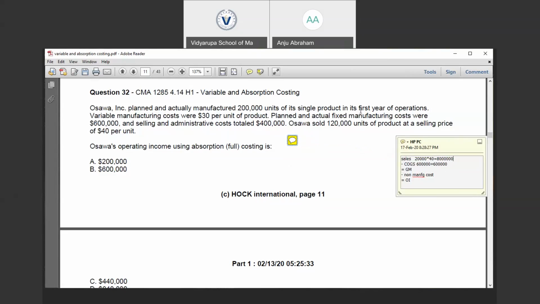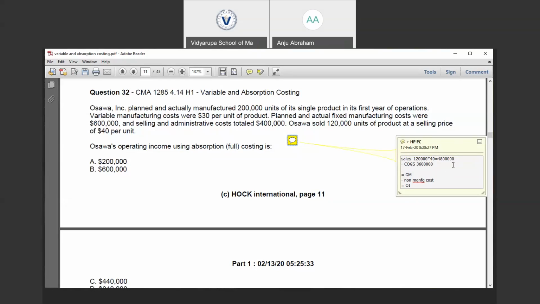Sorry, the manufactured quantity was 200,000, it was a mistake on my part. Sold was 120,000, so 120,000 into 40 is 4,800,000. Cost of goods sold equals 120,000 into 30, which is 3,600,000, plus the fixed manufacturing overhead.